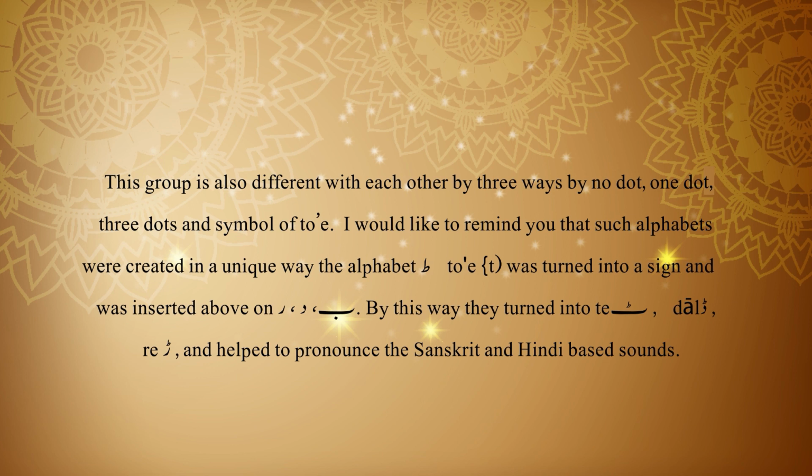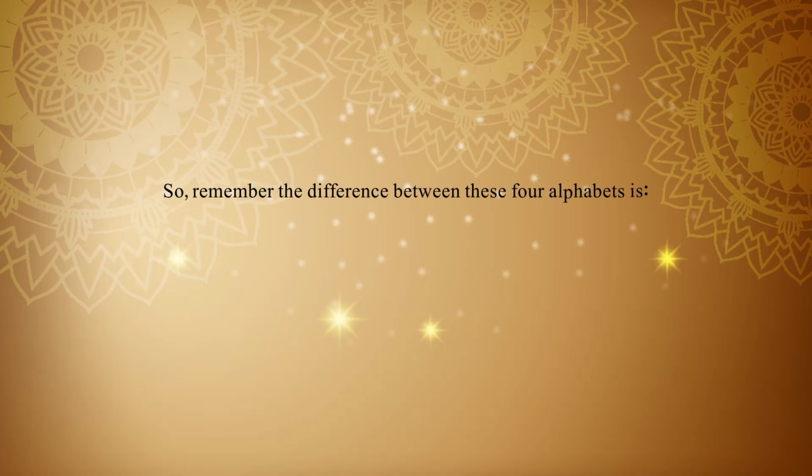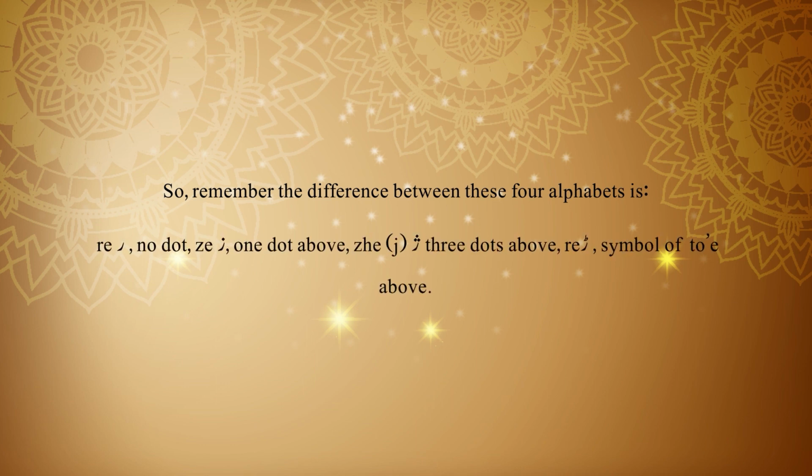So remember, the difference between these four alphabets is, what are the four alphabets? Re, De, Ze, J. These are the alphabets. Re, no dot.